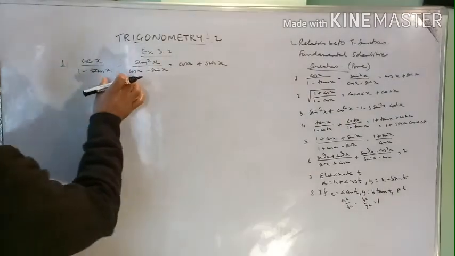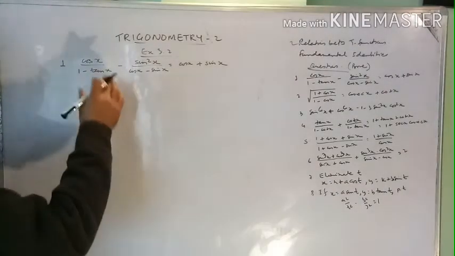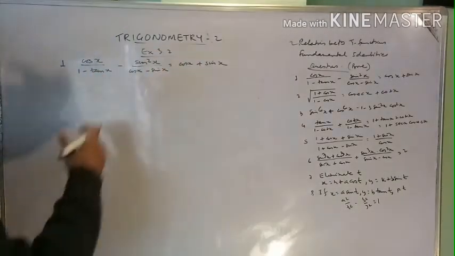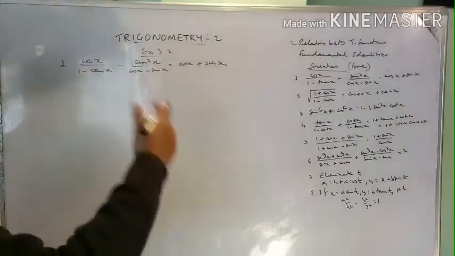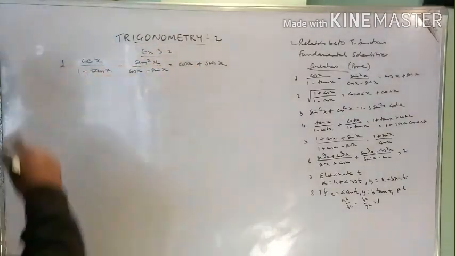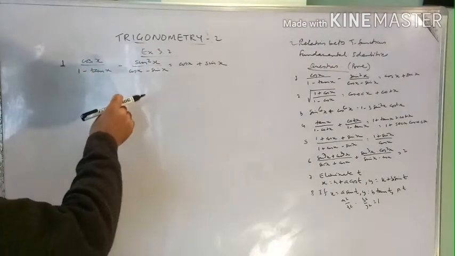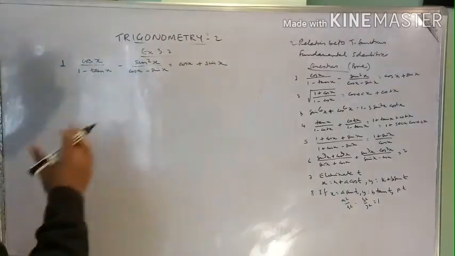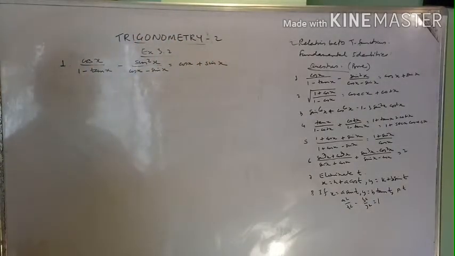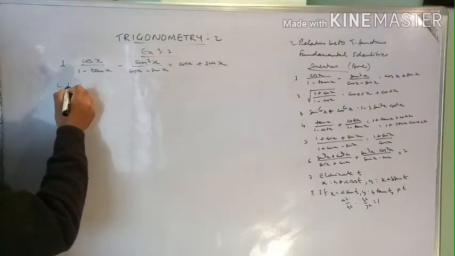So when you have to prove, you can take left hand side and get what is there in RHS, or you can take RHS and get what is there in LHS, or you can simplify LHS, get it in the simplest form, then simplify RHS, get it in the simplest form, and show that two sides are equal.